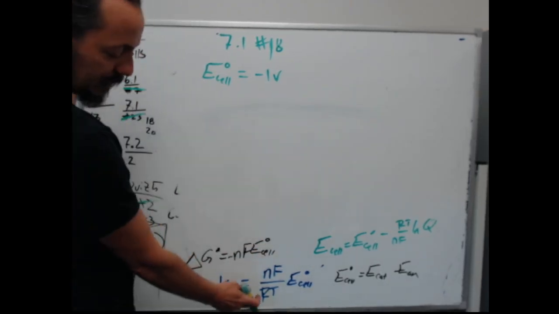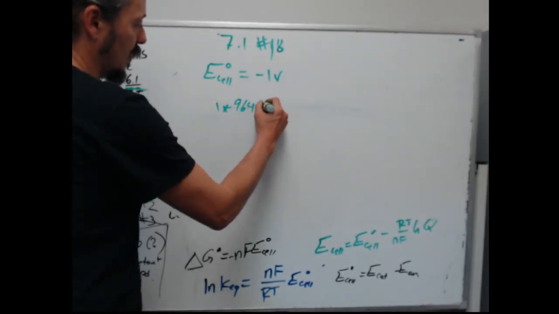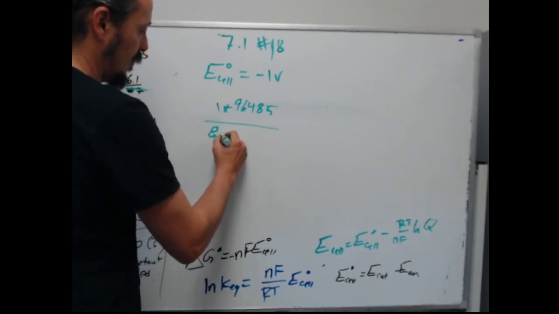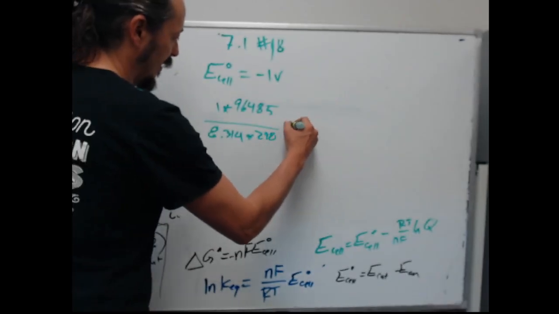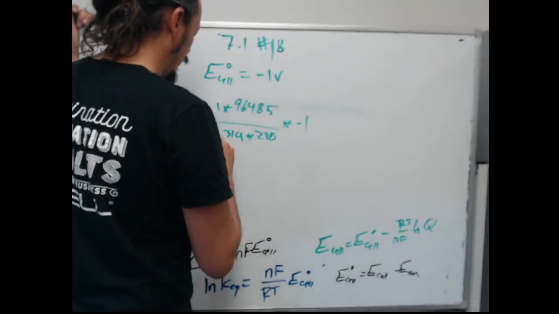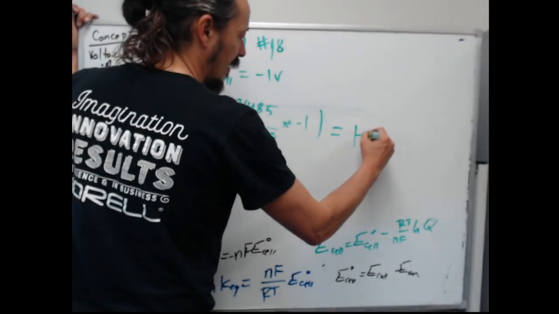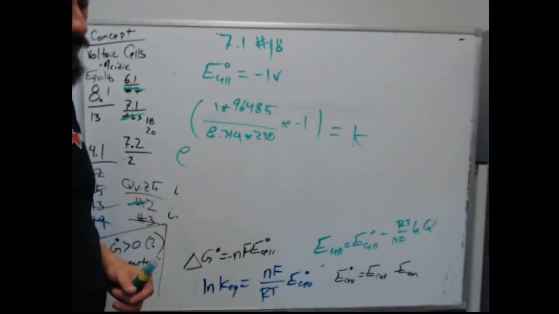So we can essentially just use this equation. We can do 1 times 96485 divided by 8.314 times 298 times negative 1, all to the power of E is equal to K. I'm using E to get rid of the natural log.